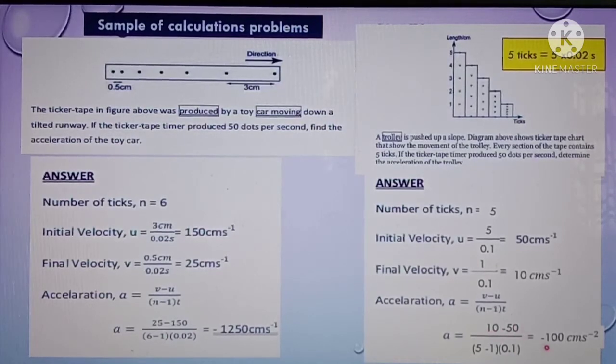Thus we get negative 100 centimeter per second squared. So this one we get negative value, meaning the trolley is moving with deceleration down the slope. Okay, so this is how we calculate for the ticker tape that produced from the activity.